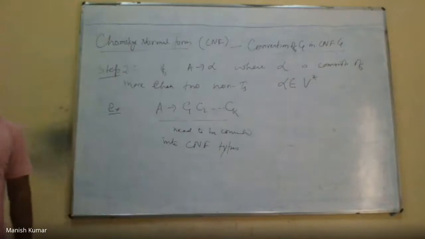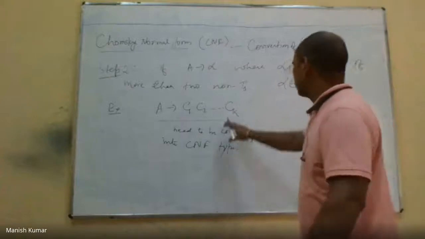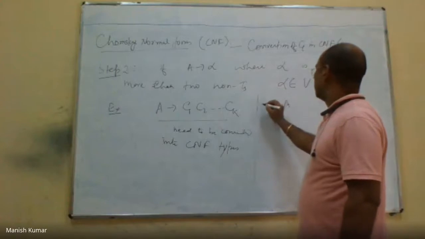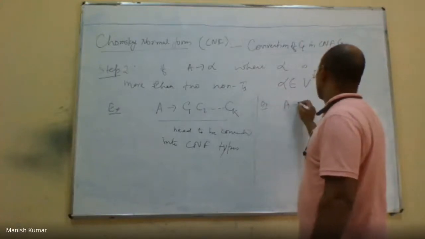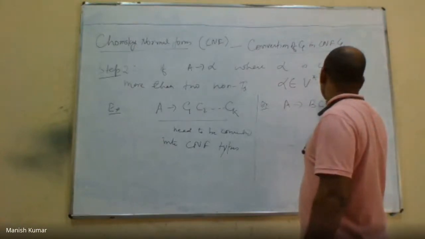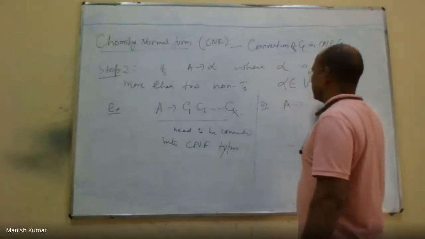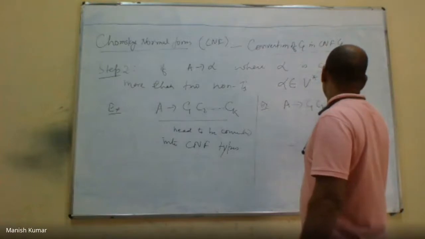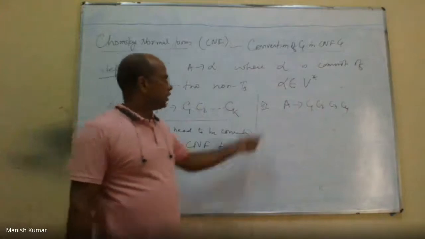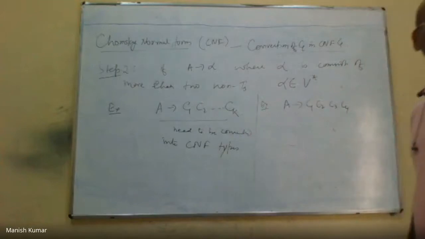I'm not taking such a long right hand side; I'm taking an instance of an example that A is B, C, or A is C1, C2, C3, C4. So A involves this. Now how to convert this is what you need to do.